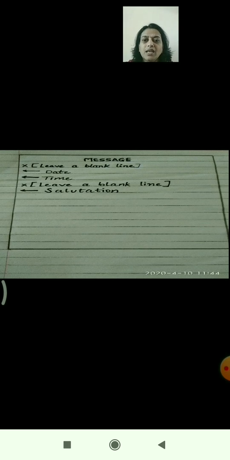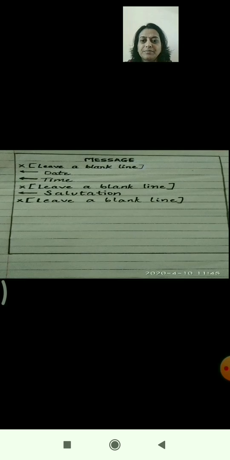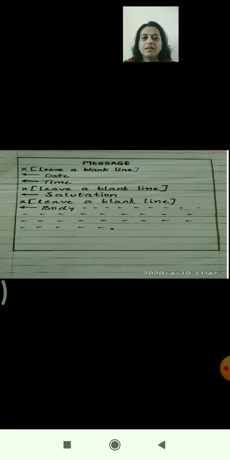Okay, now let's see what is there. Again you have to leave a blank line. So after the salutation you are leaving one more line that is blank. We are not writing anything there. Now after leaving a blank line, we will start with the body of the message, the main part. Do you remember in how many lines it should be?